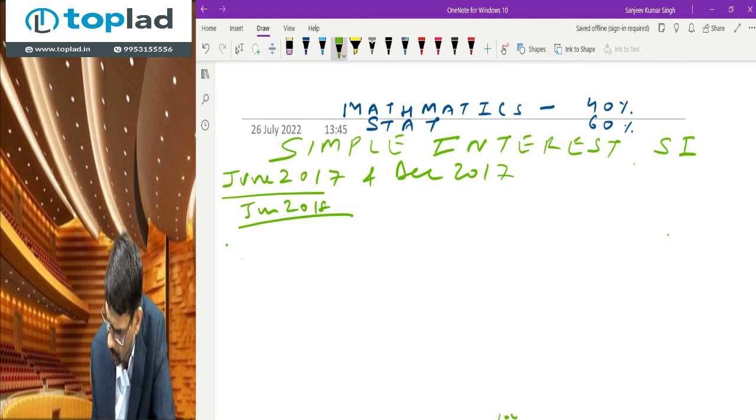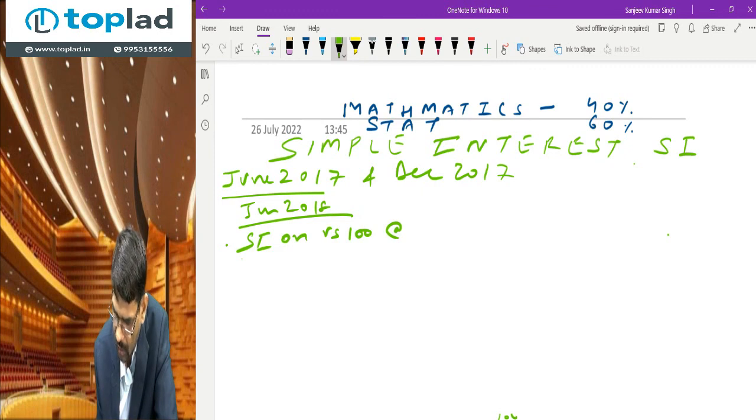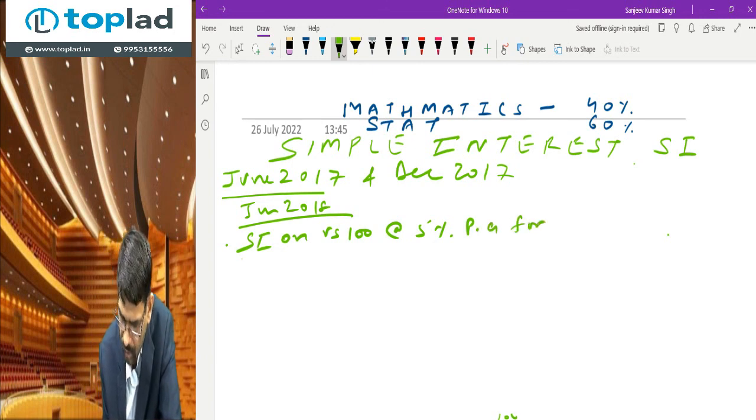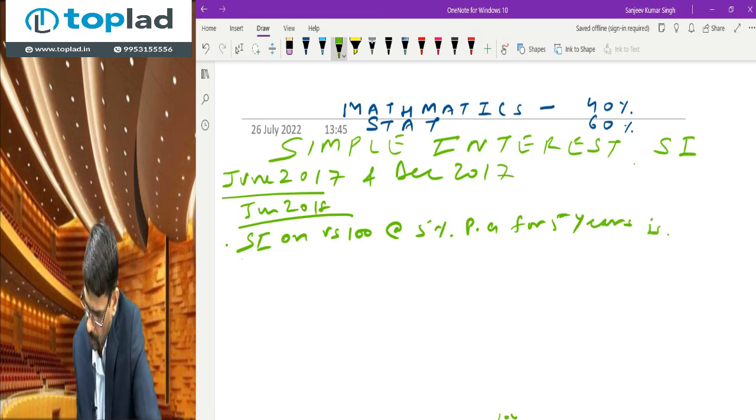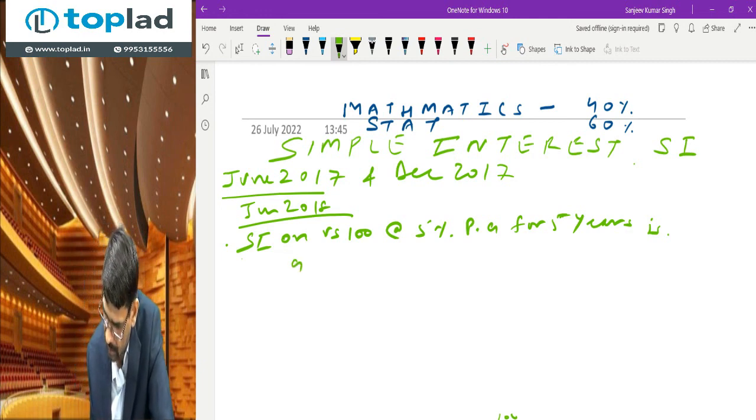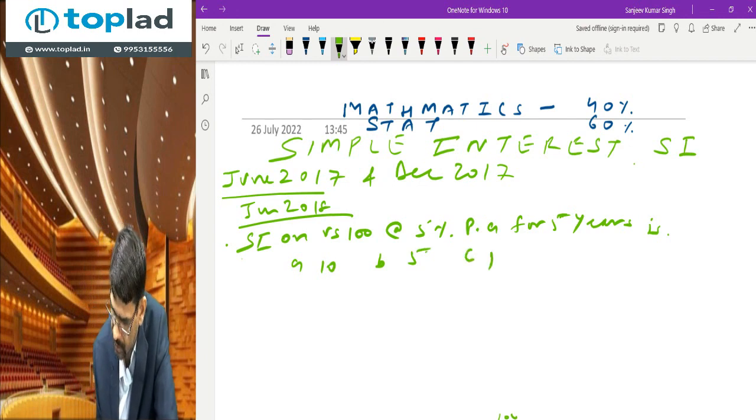The language of the question is: simple interest on rupees 100 at the rate of 5% per annum for 5 years is, option A 10, B 5, C 1 and D 25.